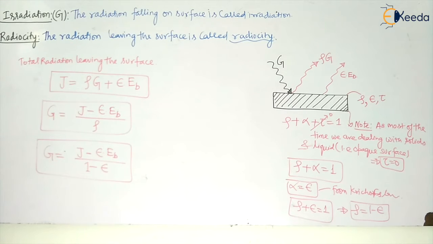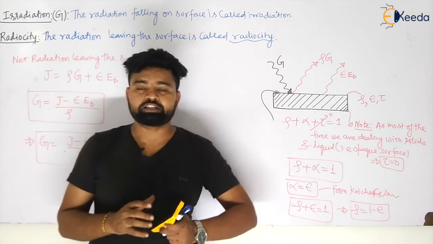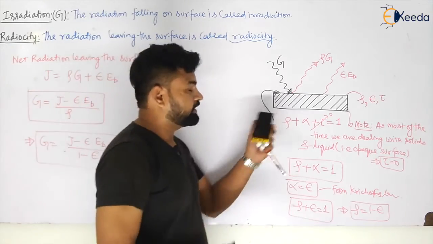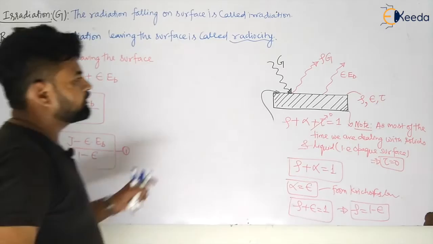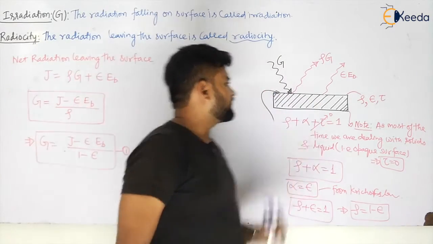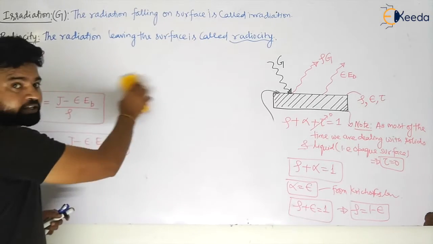My dear students. So let us take this equation. So let us calculate the net radiation heat exchange between the two surfaces, between this surface, my dear students. What will be this? Let us see. So the net radiation with particular surface will be given by what? Let us calculate the net radiation, my dear students.